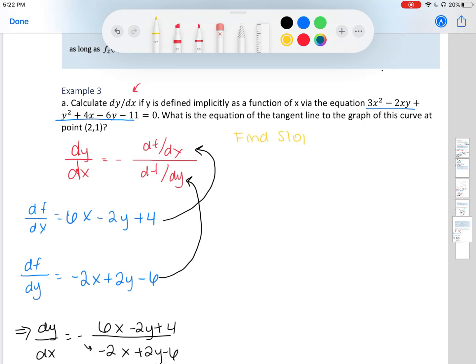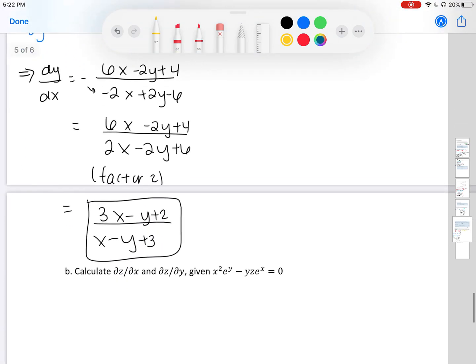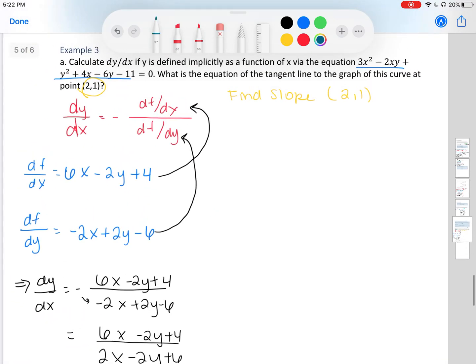Okay, let's go ahead and do that. Find the slope at your given point, which is (2, 1). Let's plug that into our derivative. So dy/dx at (x, y) equals (2, 1) gives us 3 times 2 minus 1 plus 2 divided by 2 minus 1 plus 3, which gives us 7 over 4.